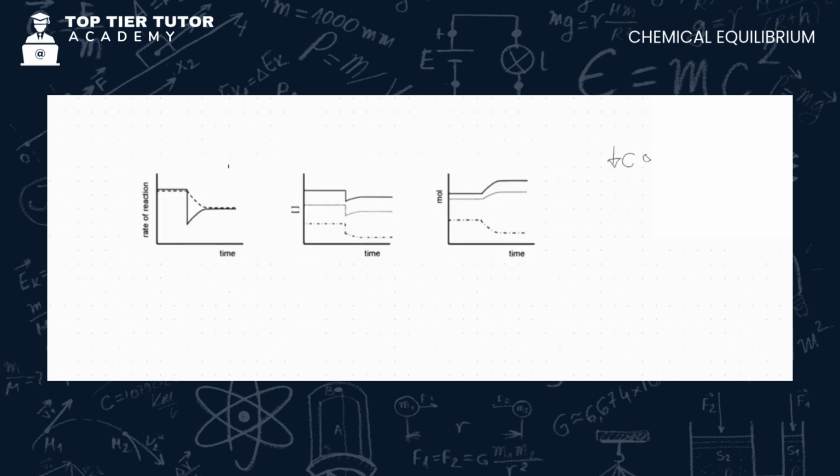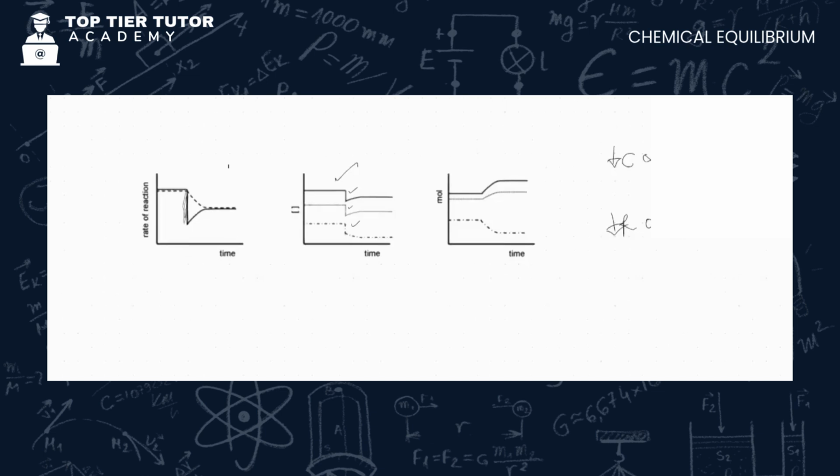and we can see it in the concentration graph that all of my products and reactants are going to decrease with regards to concentration. Now, we understand that the rate of reaction is directly proportional to the concentration. If the concentration comes down, the rate of reaction is going to go down, but it will go down more for our forward reaction.